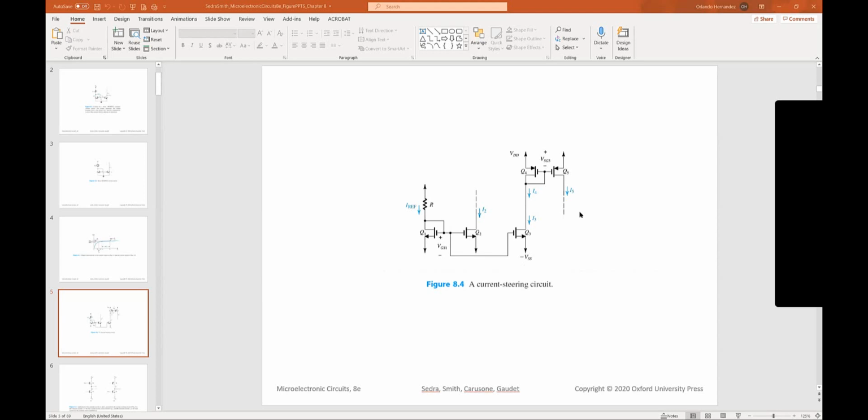All these currents are related to IREF through ratios of transistor channel widths or geometric lengths. So you're just playing with the drawings of the transistors as you make the integrated circuits.